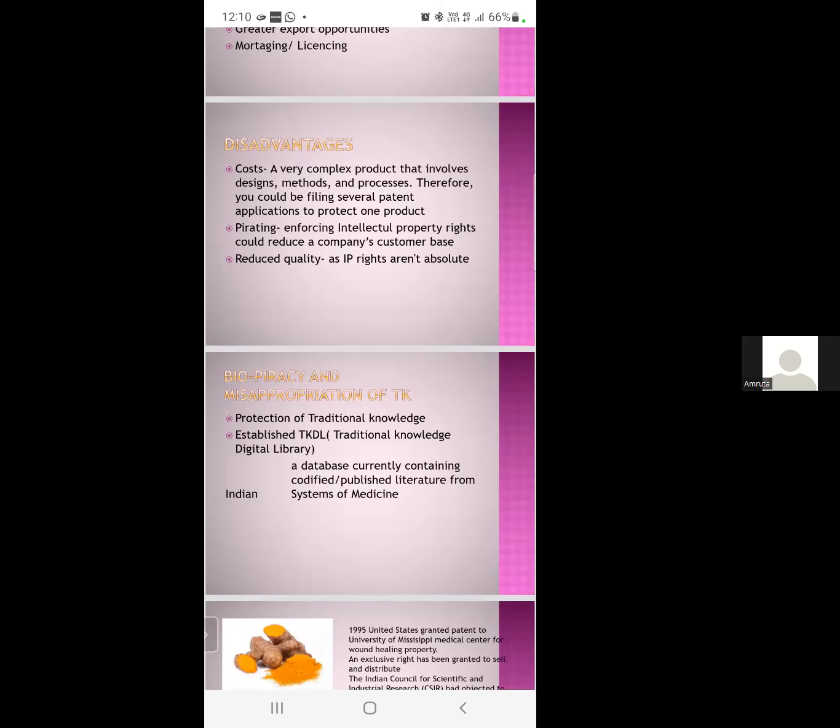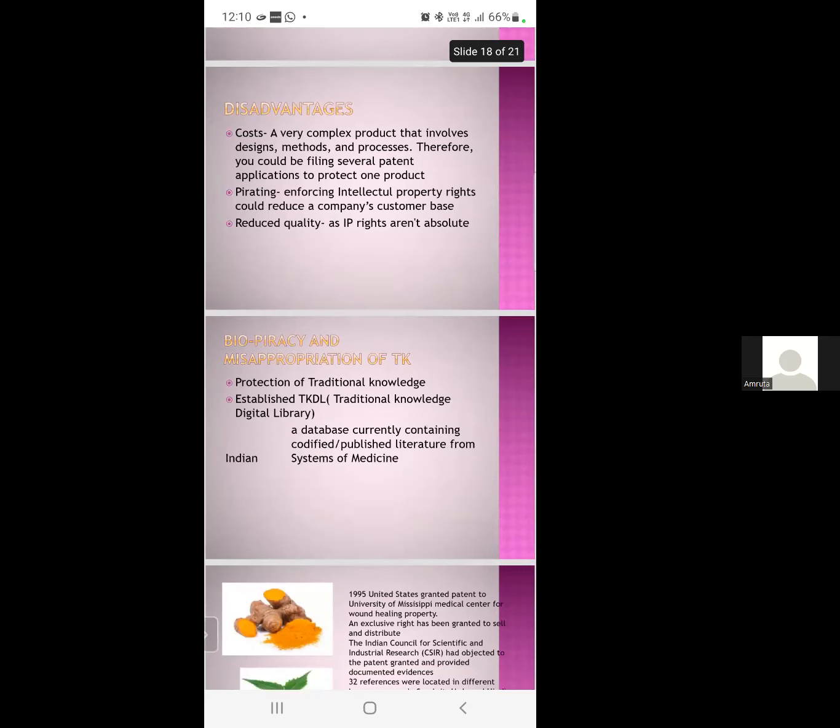So lastly, I'm going to tell you very interesting facts about TK, which is the traditional knowledge of India. The traditional knowledge of India which we are using, for example, turmeric, which has healing properties, and we have been using it for thousands of years.